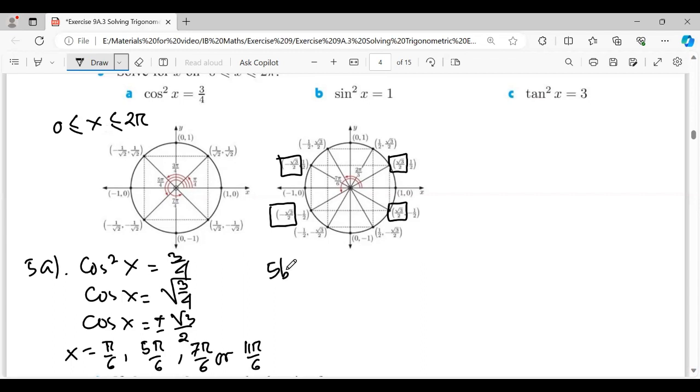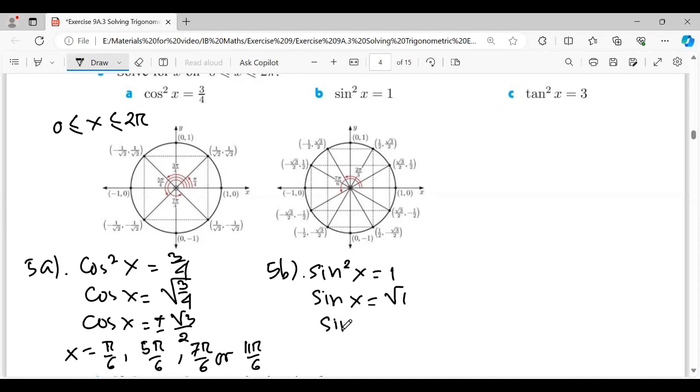5b, sine squared x equals 1. So it means sine x equals square root 1. So sine x is plus minus 1.